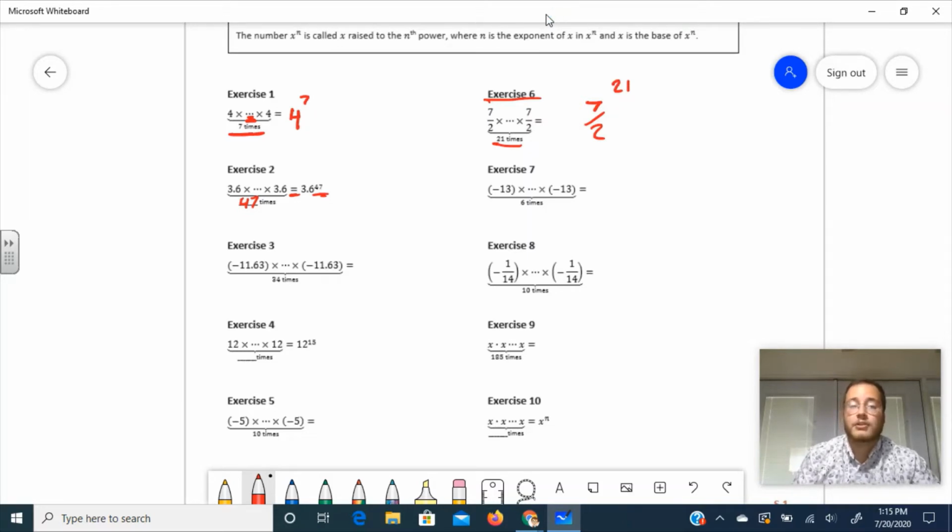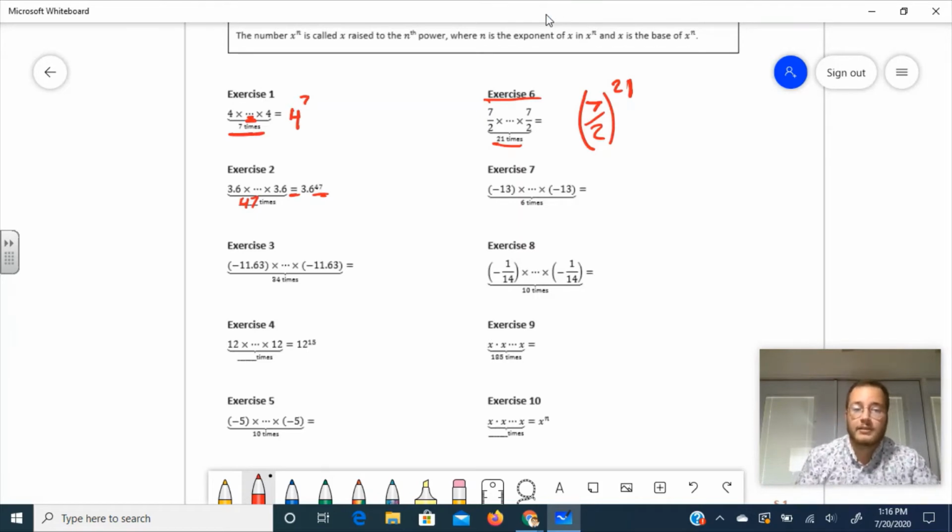Whenever you have a fraction that you're making go up to an exponential power, you need to put that fraction in parentheses because it is 7/2 that's being multiplied over and over again repeatedly for a total of 21 times. If I were to leave it as 7/2 and put this 21 up here, it looks to me like this is 7 to the 21st power divided by 2. So you want to make sure that you leave those parentheses and put the exponent on the outside of the parentheses if it's a fraction that's being multiplied repeatedly.